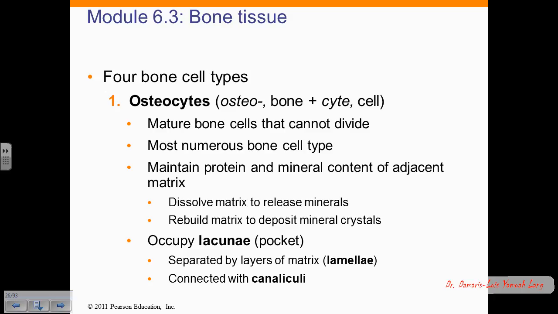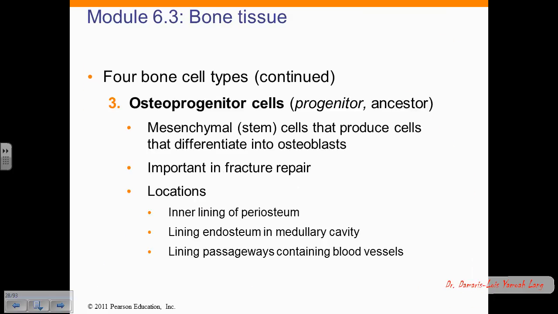So these are the 4 bone cells I was telling you about. I'm going to start from cell number 3 based on this PowerPoint slide. As I mentioned, we have osteoprogenitor cells, which are the stem cells.